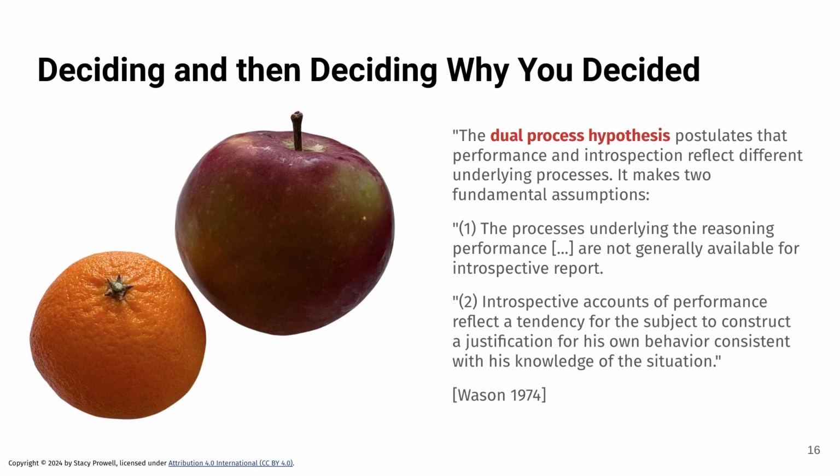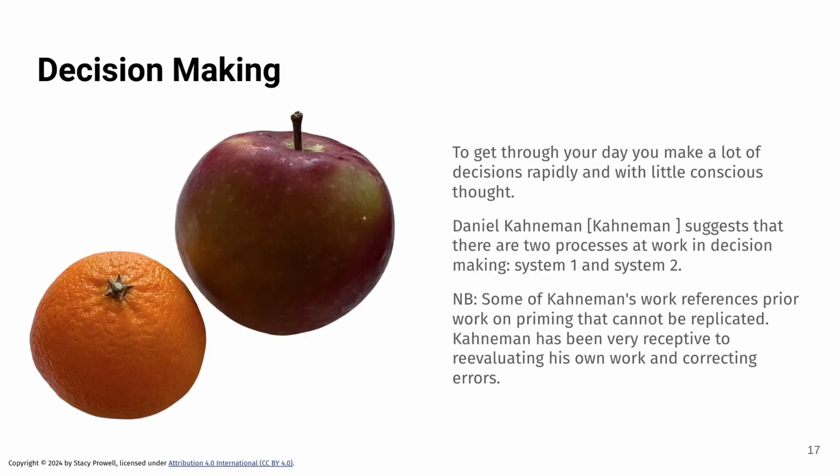He basically got people to make decisions in a way so that they could tell that the performance, making a decision, and the introspection, telling what happened later, were really distinct things. In fact, he could get them to give a description, show that it was wrong, give them more evidence, and then they would give the same wrong description, but in different words. It's a clever paper. It's interesting to read. And it's also not implicated, as far as I can tell, in the replication crisis.